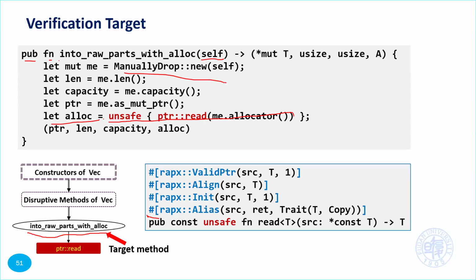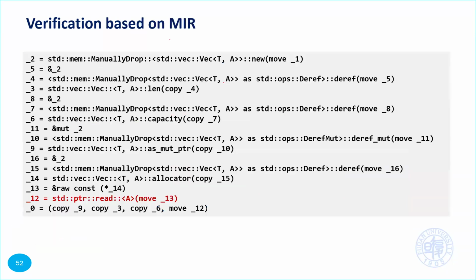Actually, on GitHub someone already raised similar issues to us. If there is no ManuallyDrop of self, we should say something like drop(_1), because _1 is a parameter.